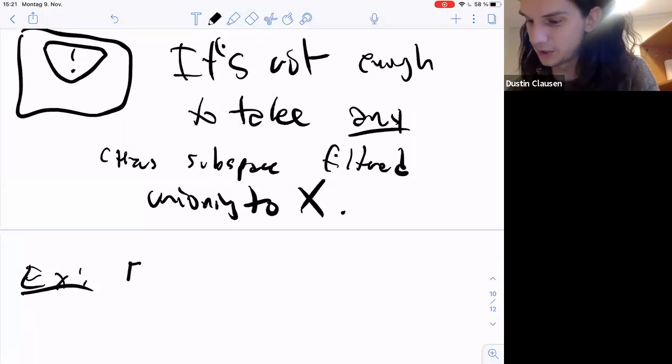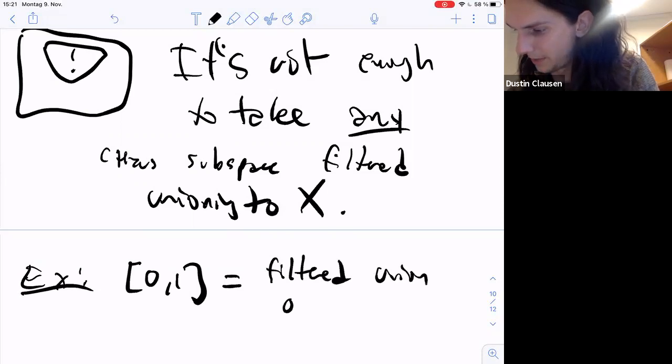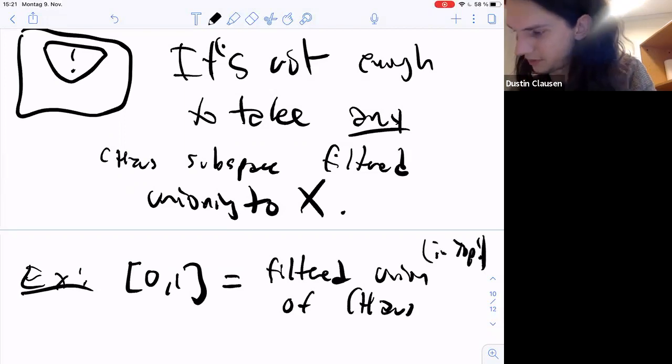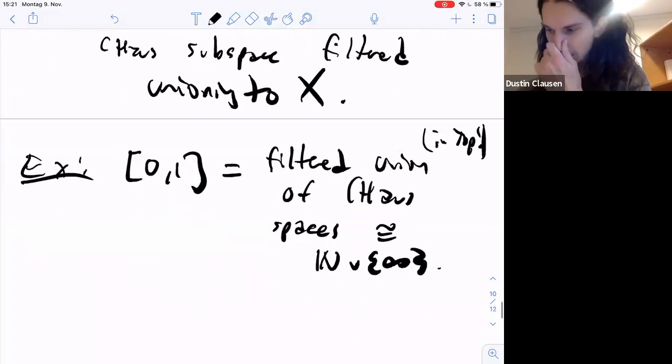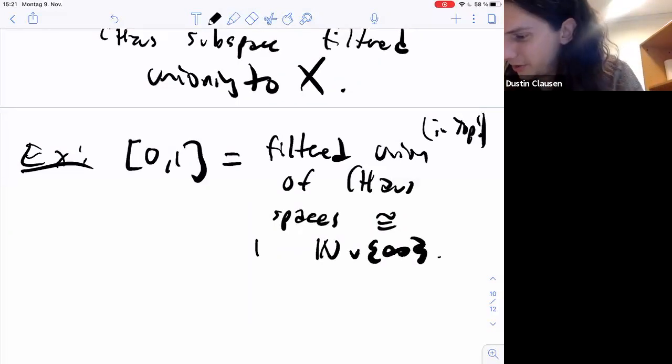Take any sequential space, for example, the unit interval. We can write this as a filtered union, in Top, of compact Hausdorff spaces isomorphic to the sequence space, n union infinity. Namely, just take a finite disjoint union of them, say.